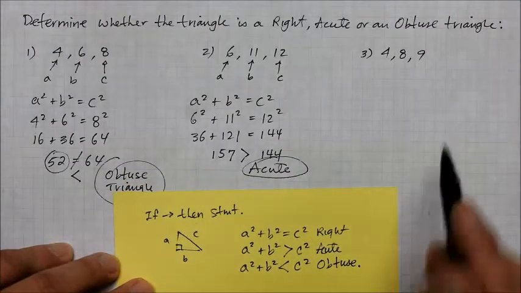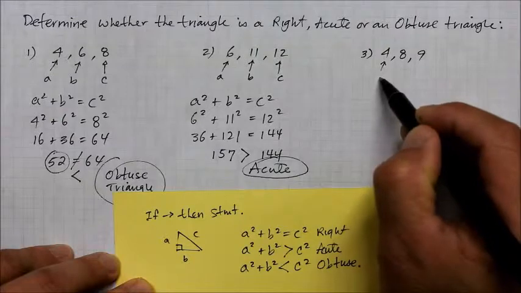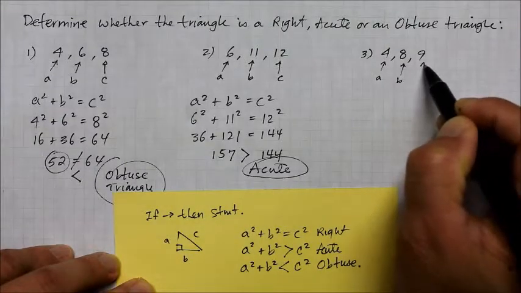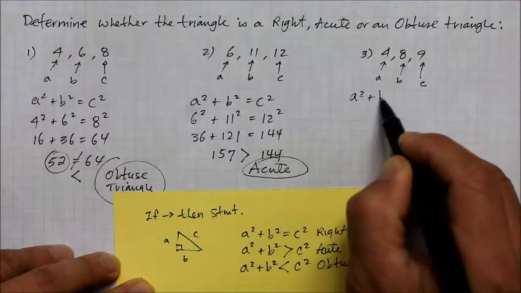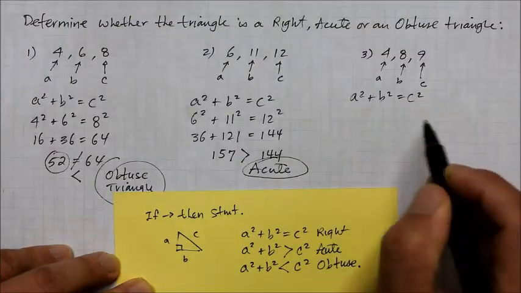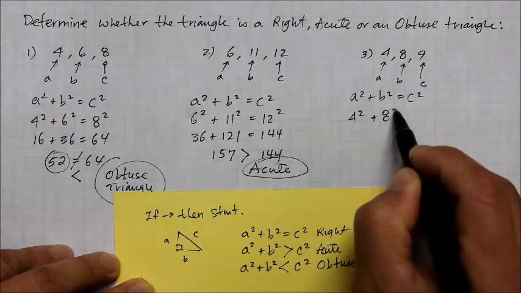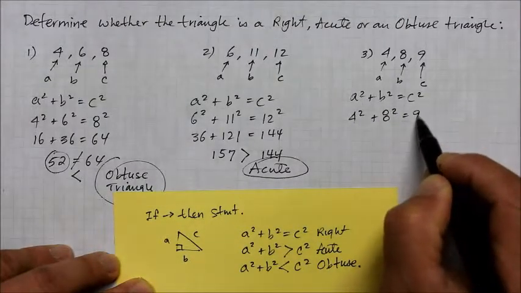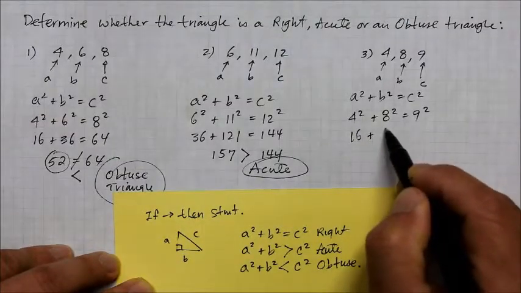So how about this one then? This is A, this is B, and this is C. We're going to use the Pythagorean theorem again: a squared plus b squared equals c squared. A is 4 squared, B is 8 squared, and C is 9, so it's going to be 9 squared. 4 squared is 16. 8 squared is 64.